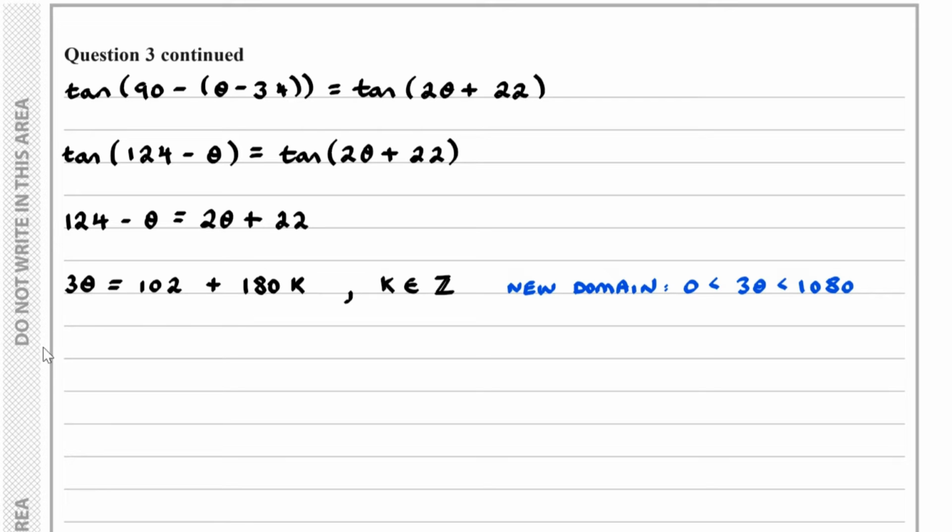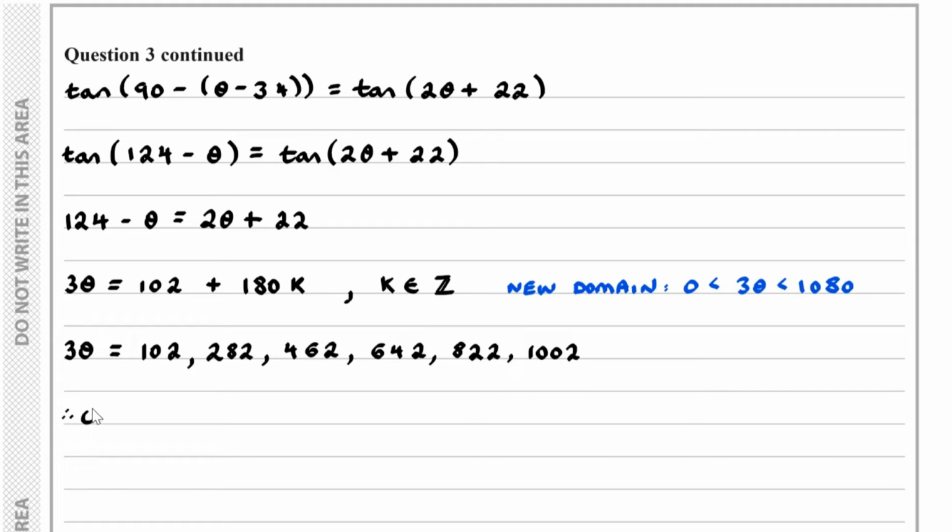So if we solve for 3 theta, well, when k is 0, we have 102, and essentially what we're doing each time is we're adding on 180. So if I add on 180, I get 282, add on another 180, we have 462, add on another 180, we have 642, another 180, we have 822, and if I add on another 180, we have 1002.